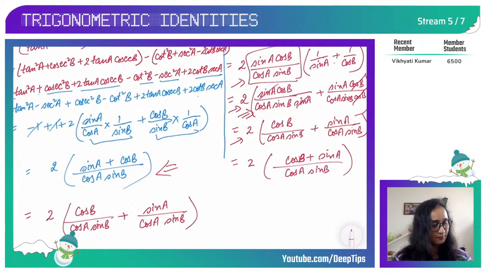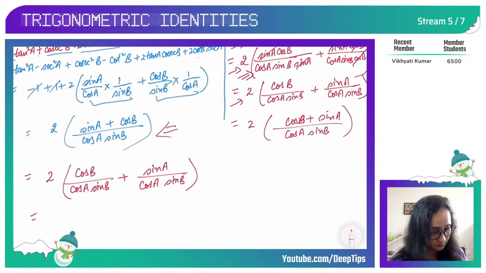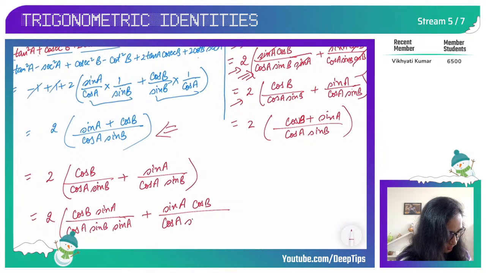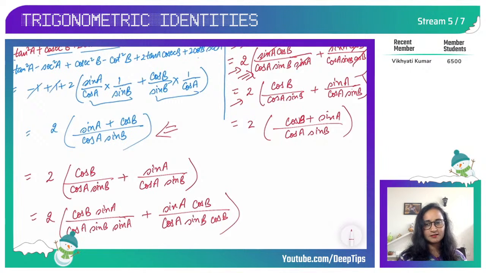That says multiply sin A with the cos B term and cos B in the second term. So let's do that. So cos B into sin A upon cos A sin B sin A plus here what I have to do, sin A cos A sin B cos B. Yes.